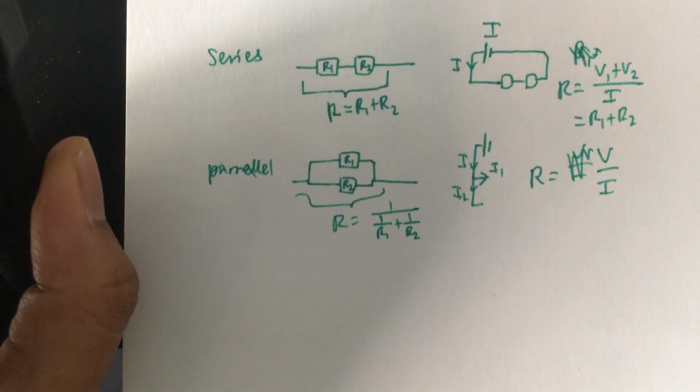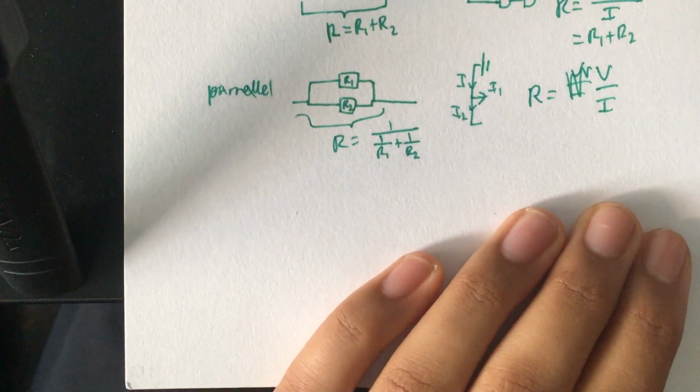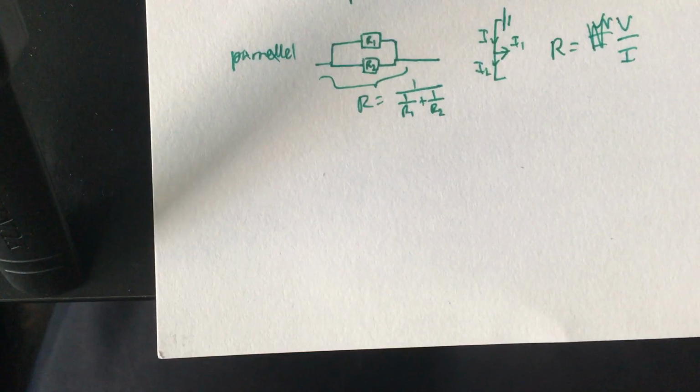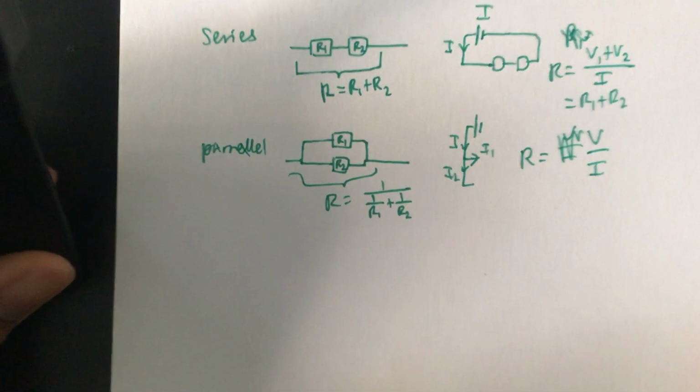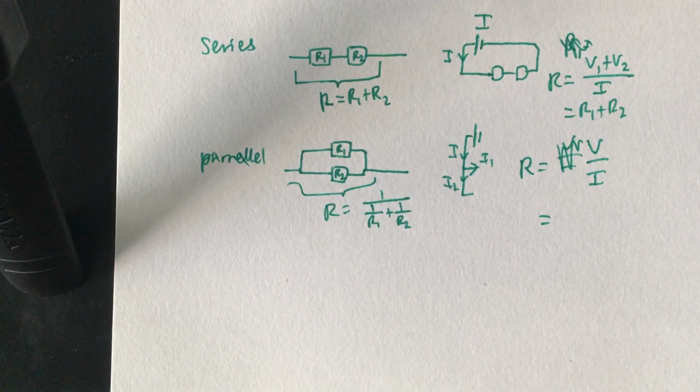Maybe they won't ask you so straightforwardly, but you will know that there's certain information you need to find out from looking at the circuit, or you might need to draw out the circuit before you even solve it. So you might need to find a certain value for either the current, the potential difference, or even the resistance of one of the components in your circuit.